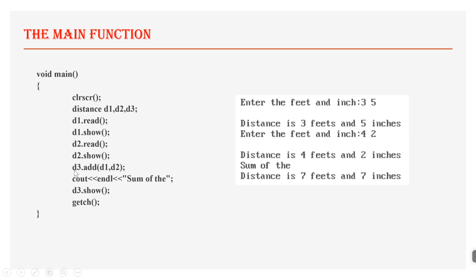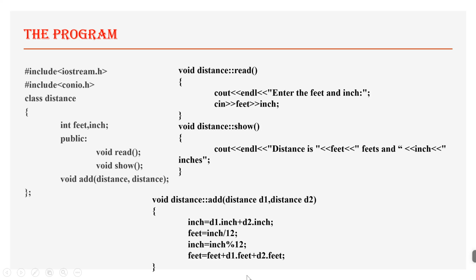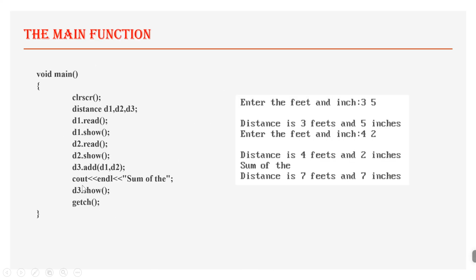And D3 will hold the resultant answer. Feet and inch will be stored at D3. Now the sum is shown by D3 dot show. So 3 plus 4 becomes 7, 5 plus 2 becomes 7. So 7 feet 7 inches is the sum of the two distances.